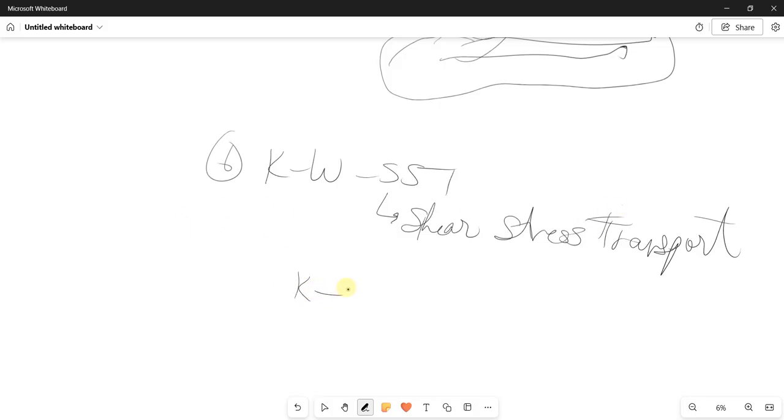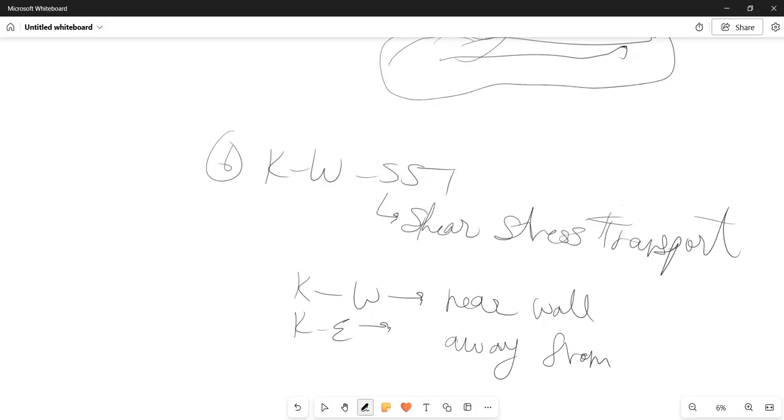For near wall, it uses K omega, and K epsilon away from the wall, when it's more like a free stream condition. So this is a brilliant idea, right? When you merge the good things and the bad things of both models, you get an extremely better model.